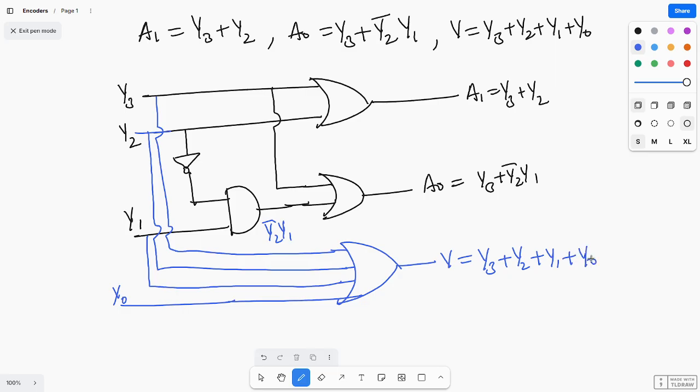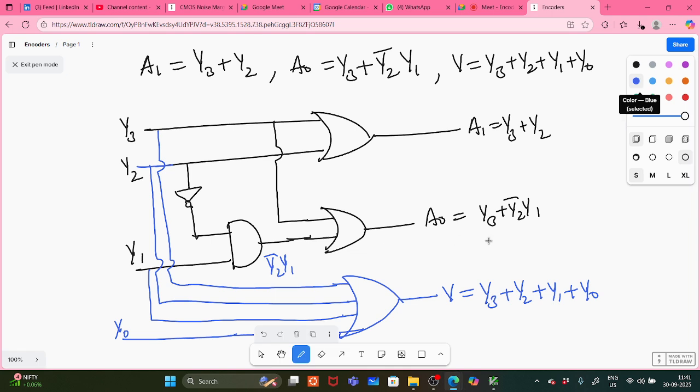So like this we can get the priority encoder. This is about the encoders: we discussed what an encoder is, the 4 to 2 encoder, the octal to binary encoder, and the priority encoder. Why are we going for the priority encoder?